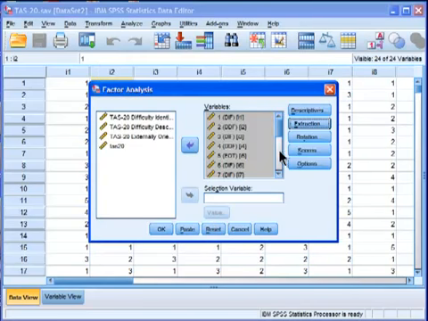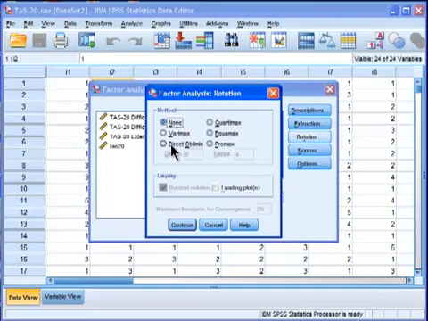So click to continue. Rotation, as I explained in the principal components analysis, always choose an oblique rotation. So there's varimax, quartimax, equamax that are orthogonal, and then there's direct oblimin and promax that are oblique.